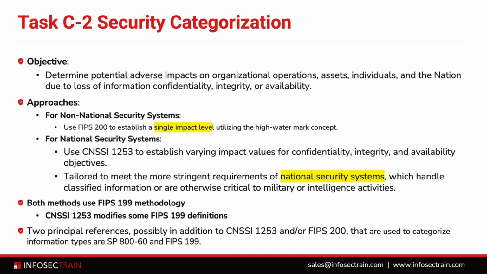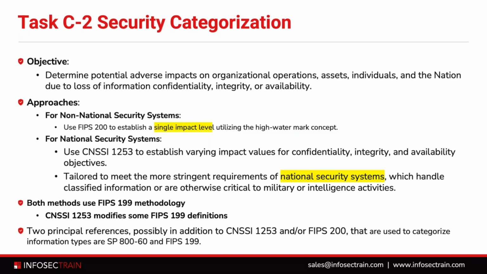Then similarly, FIPS 200 is not the categorization standard, but it lists the minimum security requirements that need to be applicable for any federal information systems. It also focuses on the security requirements in various areas, whether it is access control, incident response, operational security, continuous monitoring, and all these areas.